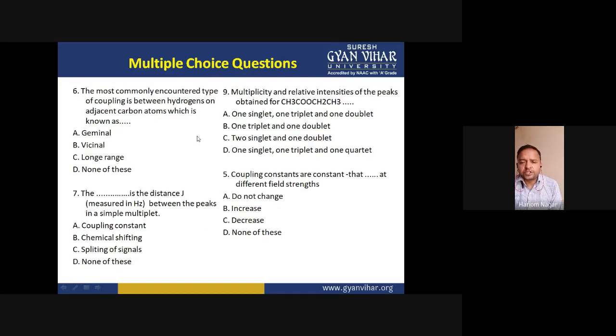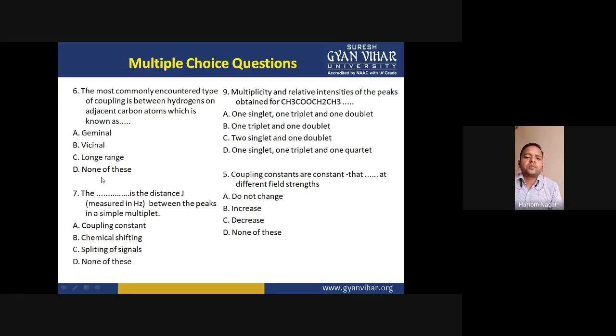And question number 6: the most commonly encountered type of coupling, between hydrogens on adjacent carbon atoms, is known as either geminal coupling, vicinal coupling, long range coupling, or none of these.